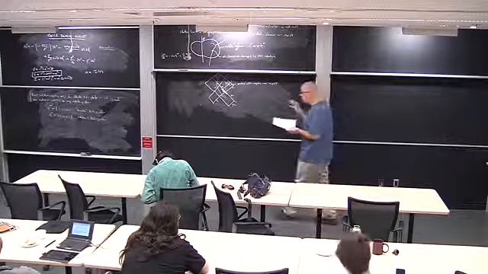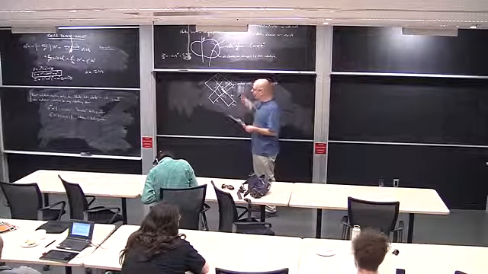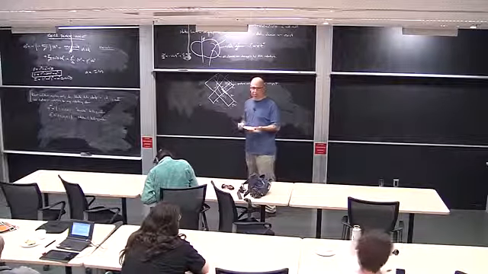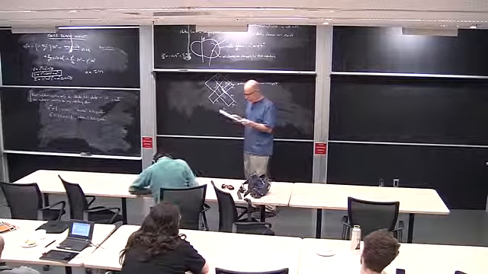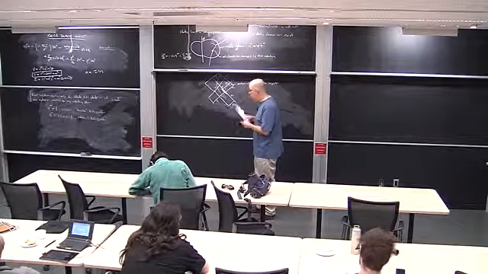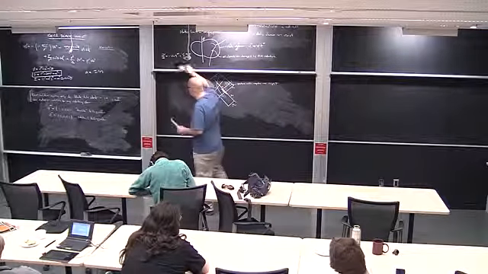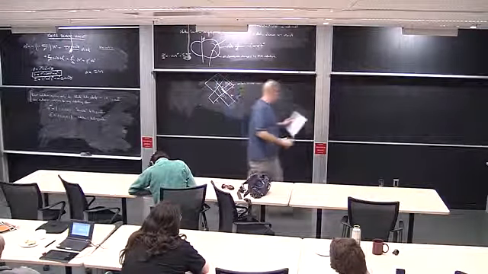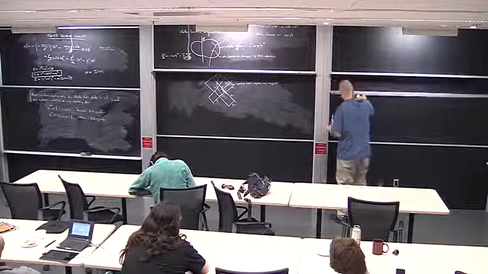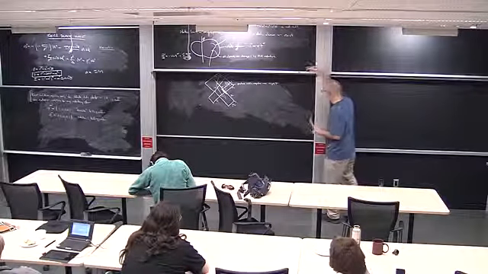And in those situations, I still have a black hole. I still have a stationary and axially symmetric situation, as we'll see, but I don't have necessarily a Kerr black hole. So that's the point of view I want to take. And as you'll see, it's actually pretty powerful.